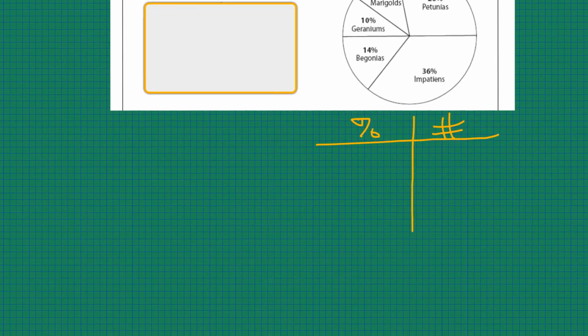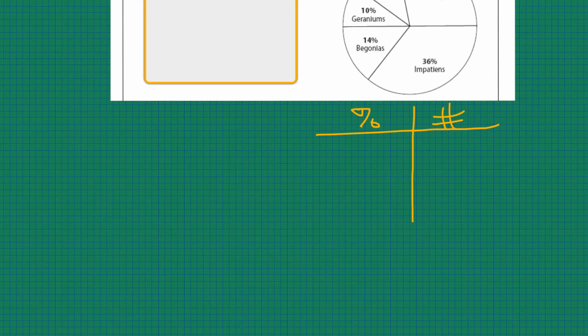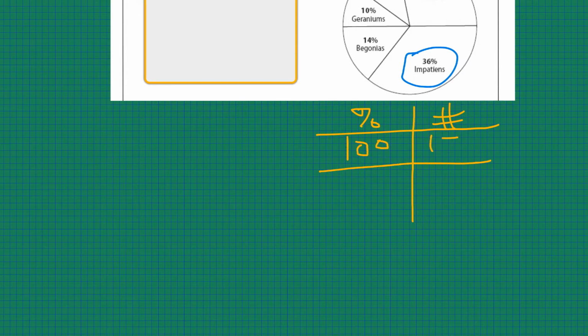Okay. Now I'm going to look at the impatiens. You see that right there? And I want to get to 36%. Well, the problem told me that my 100% was a total of 150 flowers. So I'm going to work a little bit backwards.